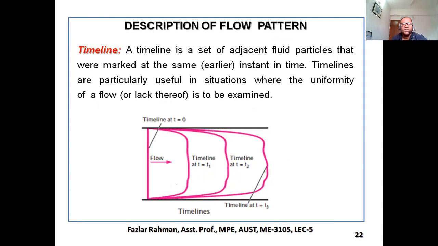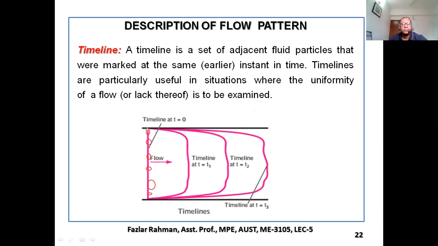Then the timeline. What is a timeline? A timeline is a set of adjacent fluid particles. Adjacent fluid particles means, say, I have a group of fluid particles, and after time t, how do they travel along the stream?